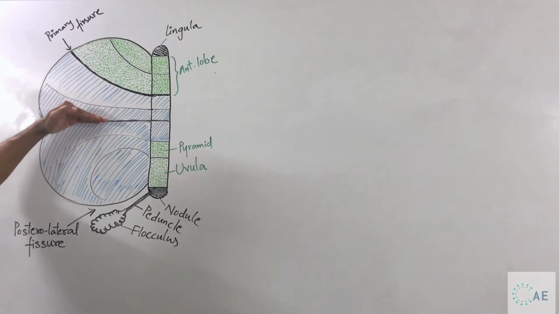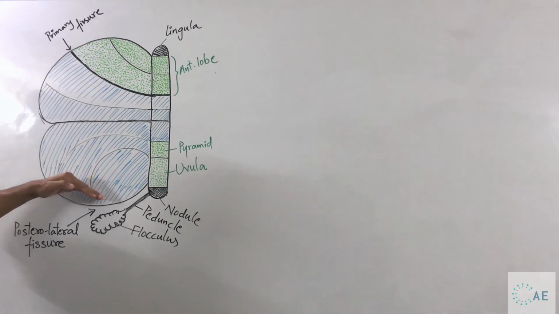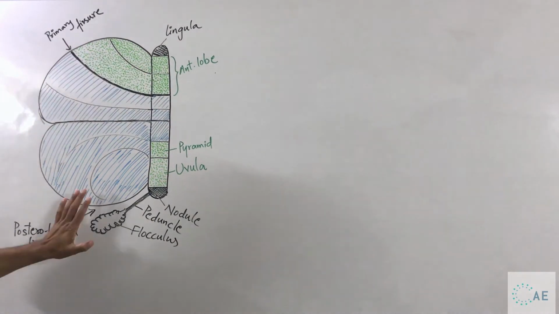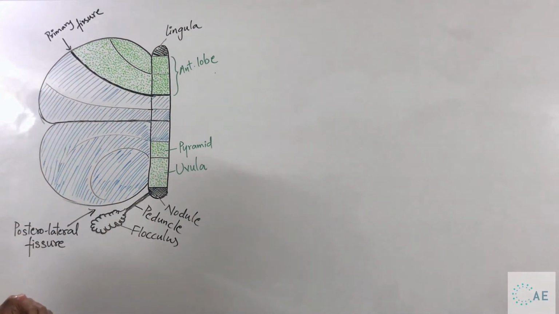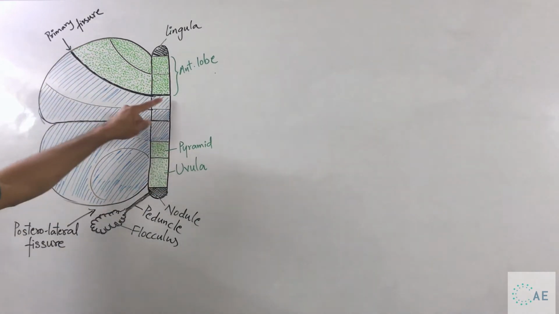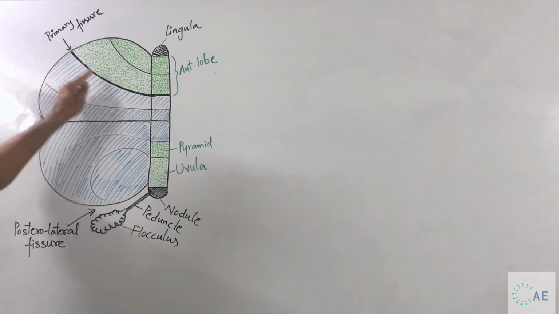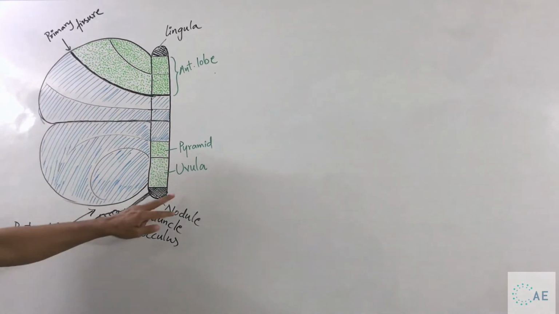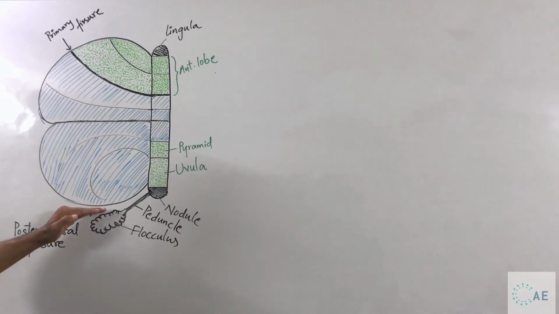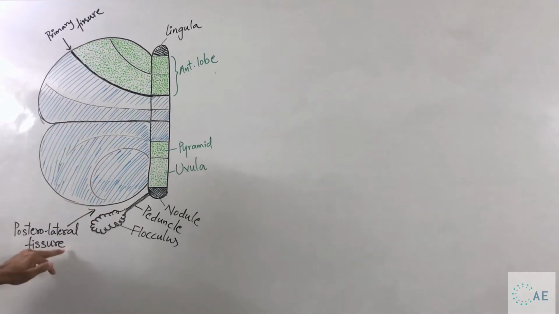The horizontal fissure separates the superior aspect from the inferior aspect of the cerebellum, whereas the primary fissure separates the anterior lobe from the posterior lobe. So anatomically right now we have the anterior lobe and posterior lobe. The posterior lobe is the largest one. Both lobes are separated by the primary fissure, and the smallest one, the flocculonodular lobe, is separated from the corpus cerebelli, that is from the posterior lobe, by the posterolateral fissure.